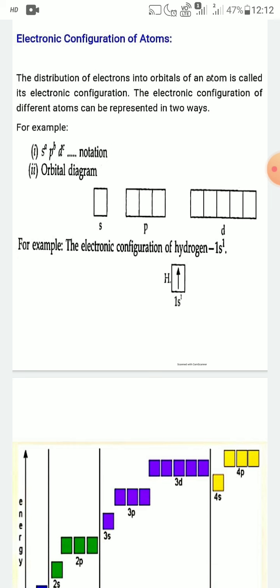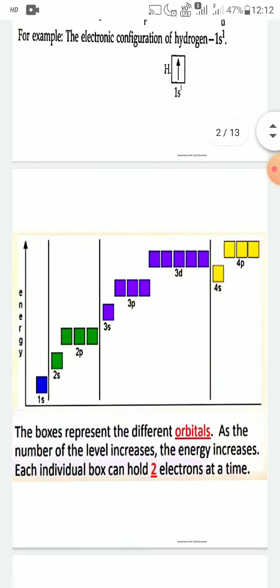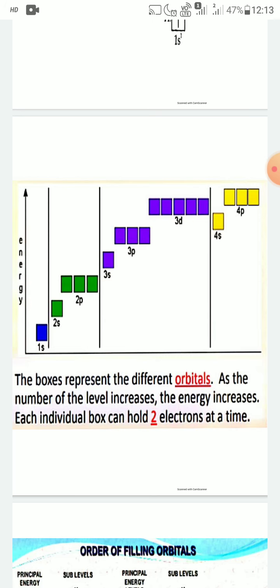According to the Aufbau principle, electrons enter the lower energy orbitals or lower energy subshell first, and then the higher energy subshell or higher energy orbitals. I have also told in the previous video about the increasing order of energy of different subshells.